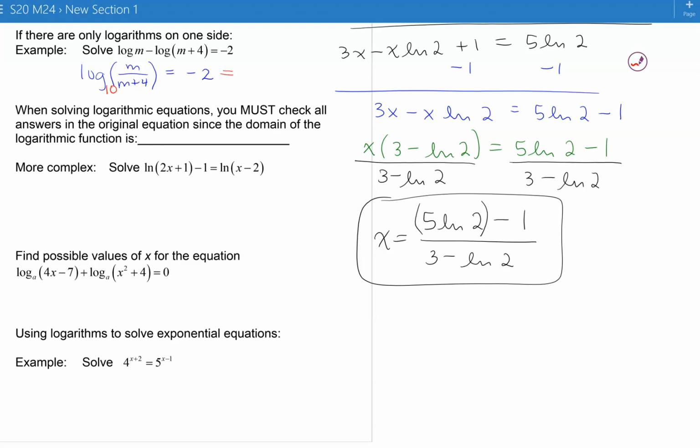So we can write this in exponential form as 10 to the power of negative 2 equals m over m plus 4.